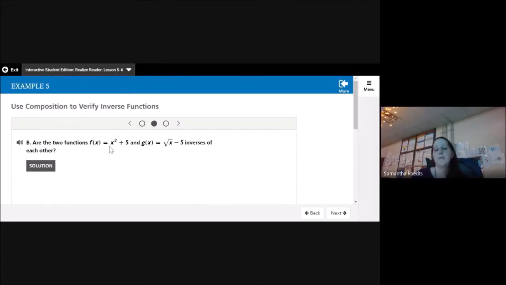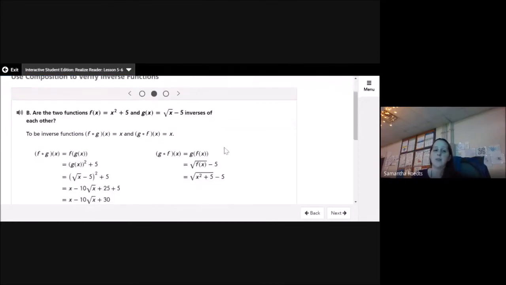Are the two functions f of x equals x squared plus 5 and g of x equals the square root of x minus 5 inverses of each other? So again, I'm going to take the composition, f of g of x and g of f of x, and see if they equal x. For f of g of x, I substituted my g of x, the square root of x minus 5, into my f of x equation.